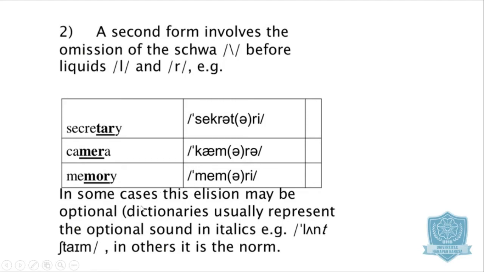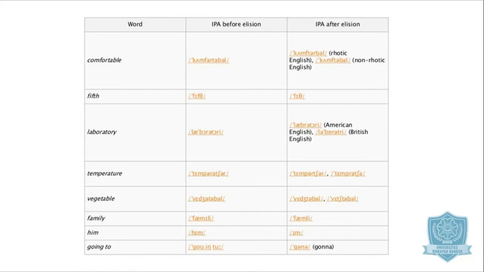In some cases, this elision may be optional, like in dictionaries, which usually represent the optional sounds in italics. So it's only a choice whether you want to use it or not. But when we are speaking with native English speakers, you will usually hear the elision.